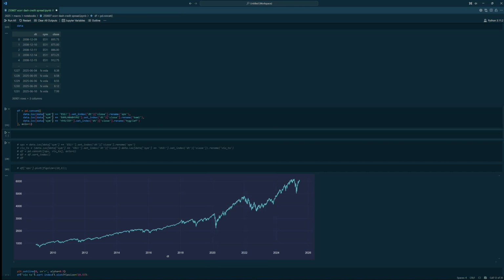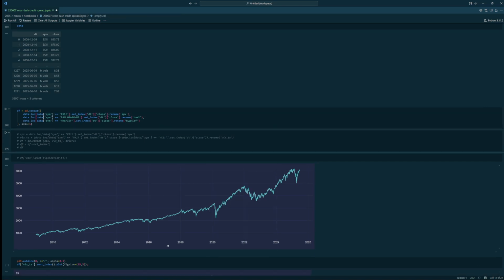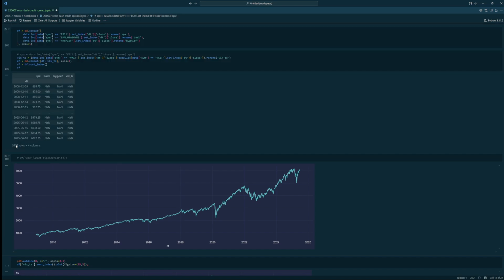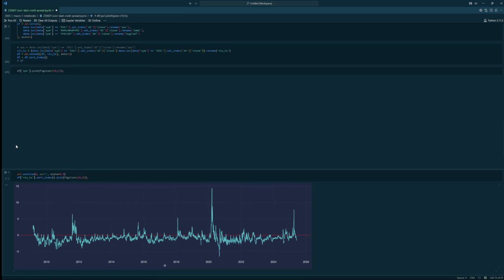To make this consistent. Boom. And what the hell? Let's just bring in that VIX in there. And we'll look at all this stuff together.